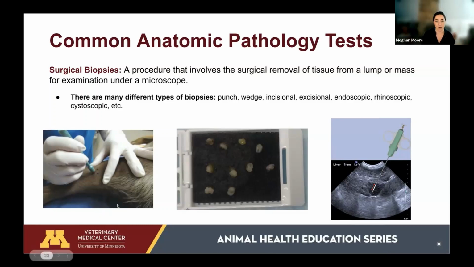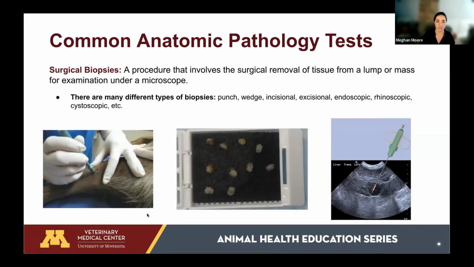Wedge biopsies are exactly what they sound like. So you are cutting out a wedge of that tissue. Incisional biopsies are specifically taking smaller portions of a mass, whereas an excisional biopsy is when you're trying to take out the entire mass. And I'll talk a little bit about that in a minute as well.